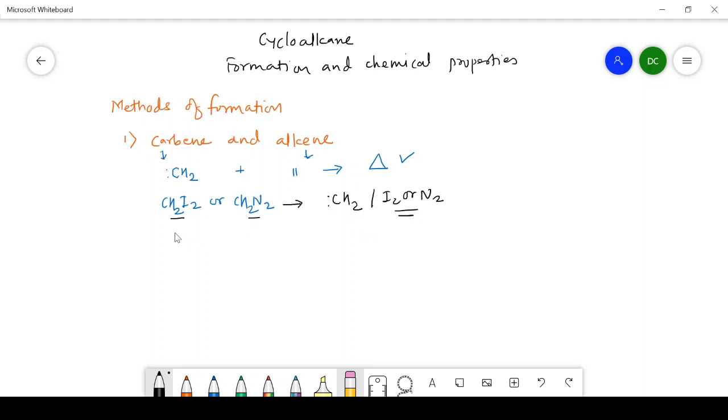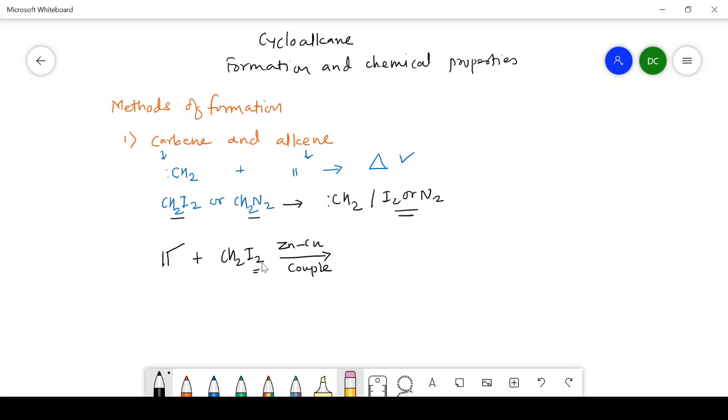Now, how does the reaction occur? We will take the example of alkene and carbene. First of all, we choose propene, and I will write it like this. This is the double bond in the propene, and this is the CH3 group, and it is treated with, suppose, diiodomethane. When there is iodine, we have to use a zinc copper couple.